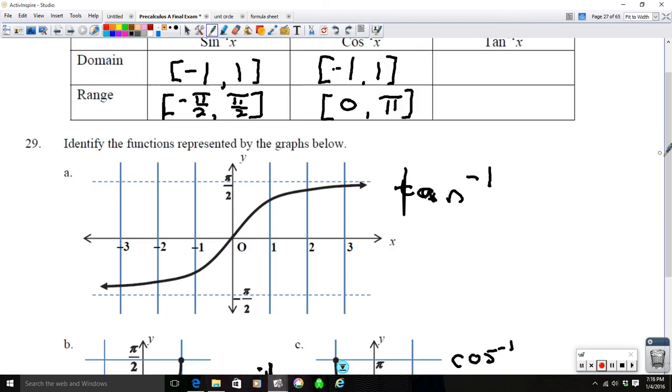And finally, tangent is right here. So it exists for all real numbers. So -infinity to infinity. Every x value could be an x value on the inverse tan function. And the y values are approaching, but not hitting, negative pi over 2 and pi over 2.